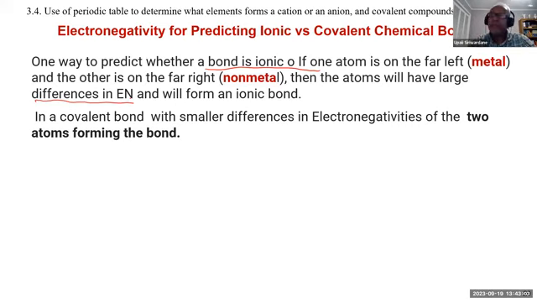Like I said in the previous slide, for a metal and a non-metal, for example sodium and chlorine, the electronegativity difference is 3.0 minus 0.9, which is 2.1.